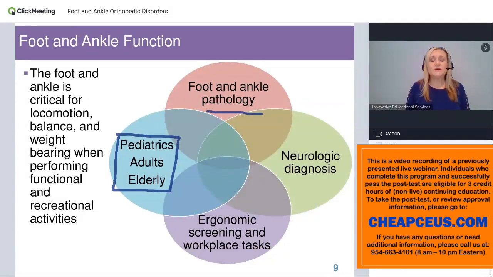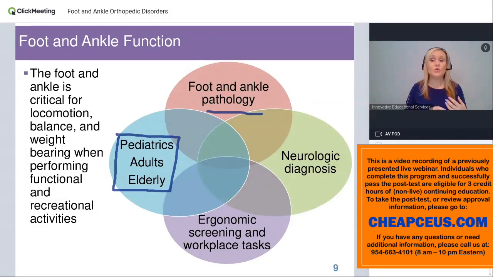We also want to consider the different populations where we should be looking all the way down to that foot and ankle complex, even if the individual's not presenting with a specific diagnosis in that region. We want to make sure that there isn't something that can additionally be addressed.